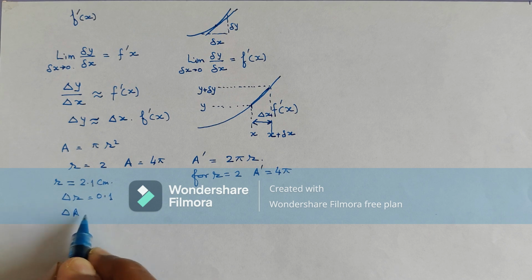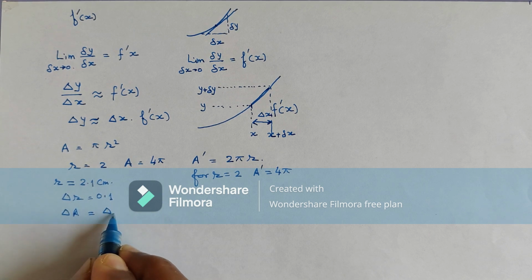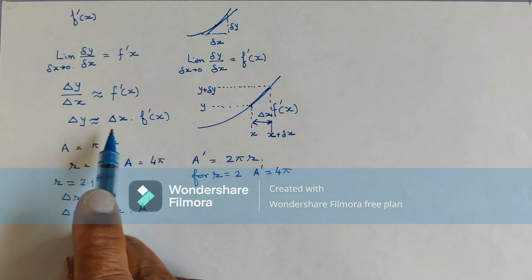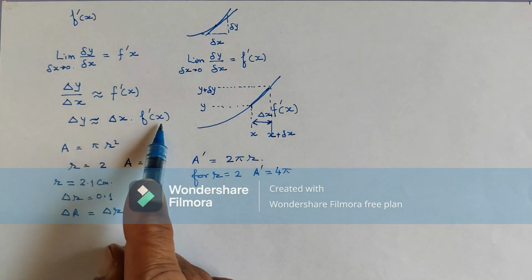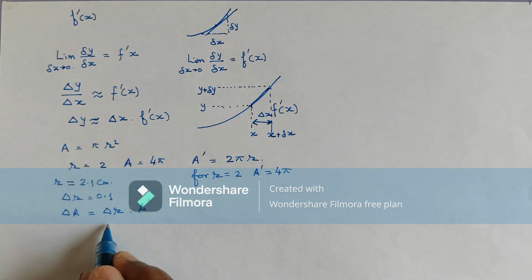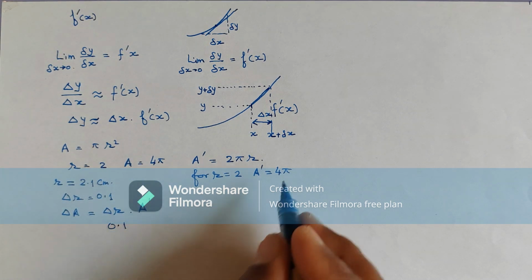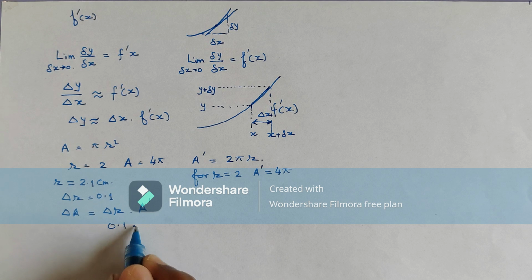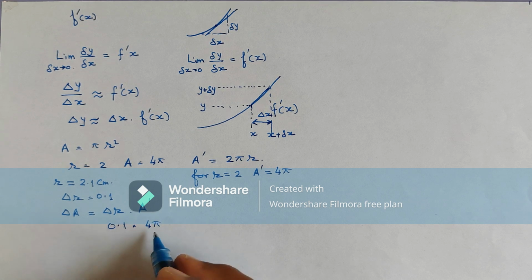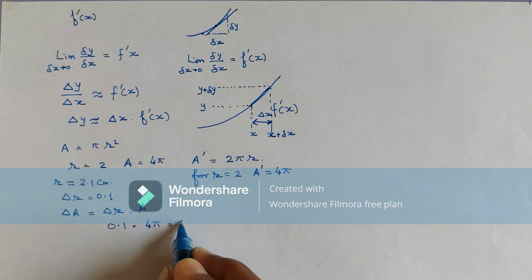Delta a will equal delta r into a dash, like delta x into f dash x. Delta r is 0.1, a dash is 4 pi. So delta a will approximately equal 0.4 pi.